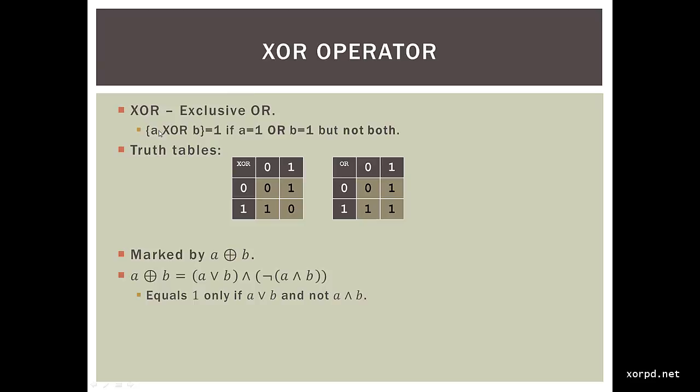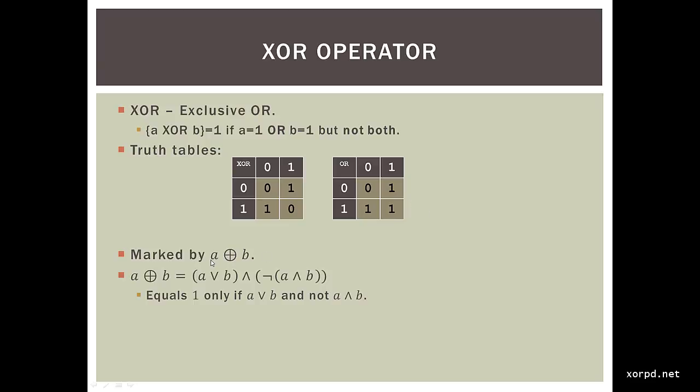XOR is basically like OR, but with this modification. You can see that every output bit is the same, except for the one that corresponds to the input of 1 and 1. This bit is different from this one.